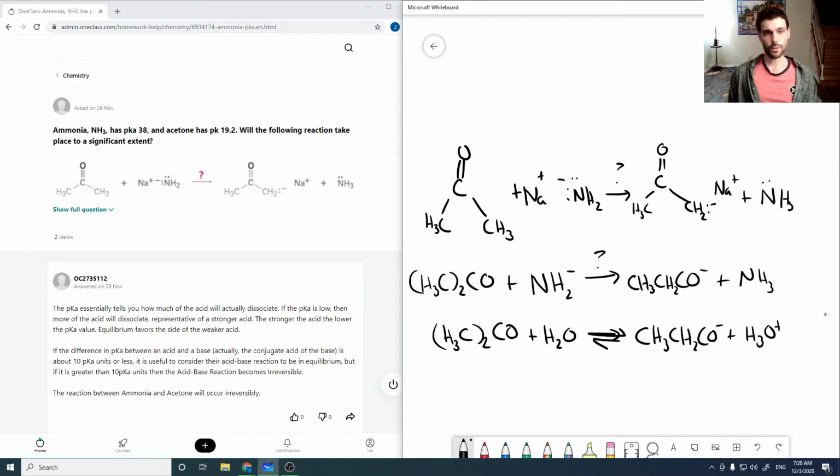And NH3, so it's giving us the acid constant for ammonia, not the base constant. So that means we're going to NH2 minus plus H3O plus.